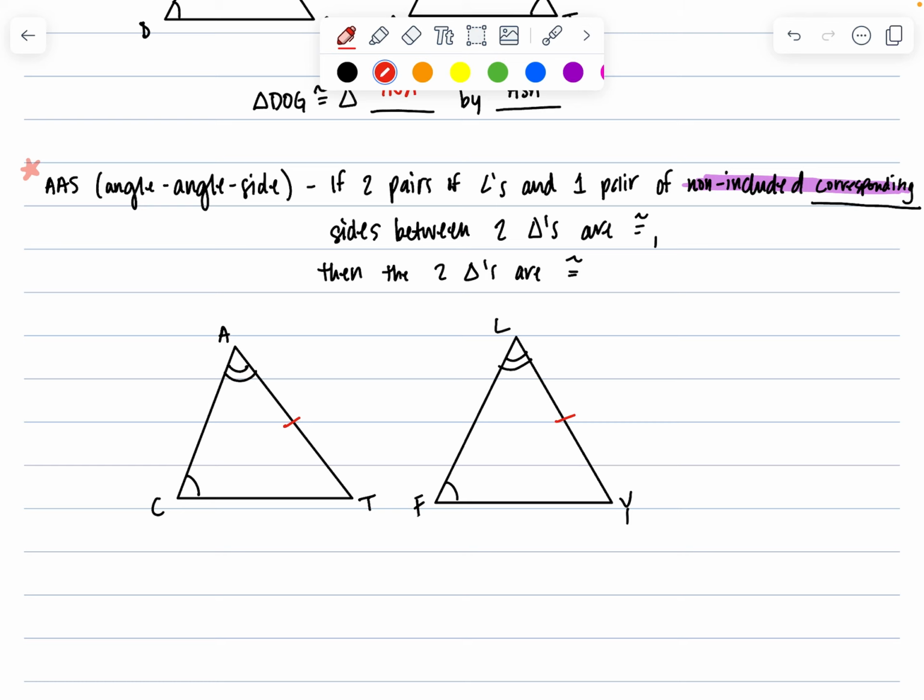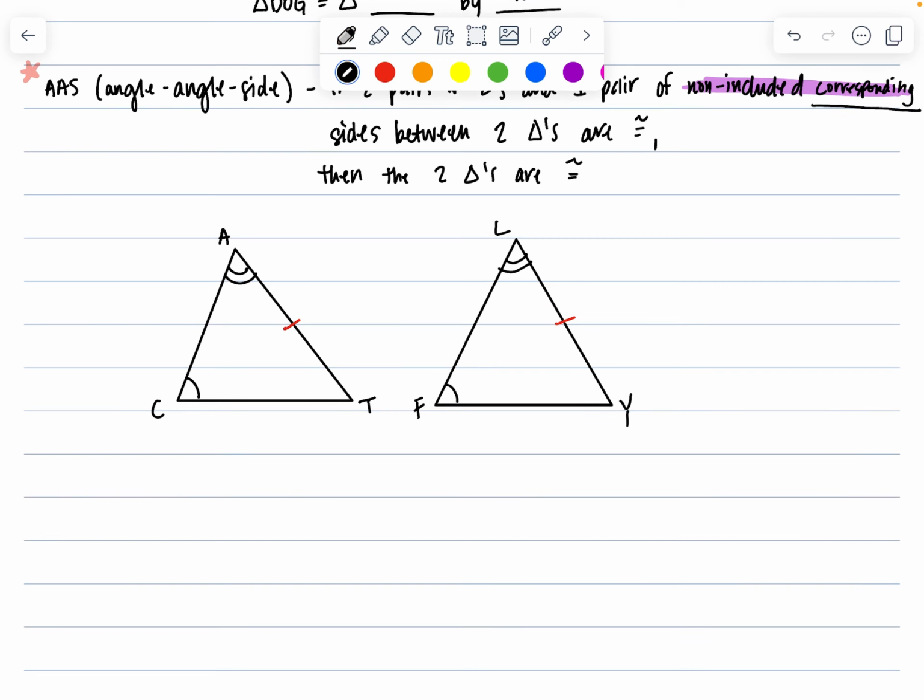Okay, so now that we have that, we could say triangle CAT is going to be congruent to triangle FLY by angle side. It follows that pattern, one tick through two to none, and then the included side is the last piece.